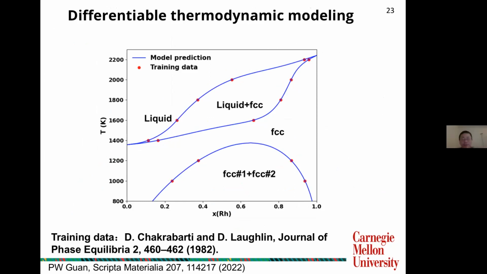The difference is that in the intermediate region, if you observe the phase combination, you will find a liquid and FCC coexisting. But if you go to the pure liquid side, you just have the pure liquid. So these are all from the experimental observations. But if you have a very accurate first principle calculation, it can generate this phase sequence, that is also possible.